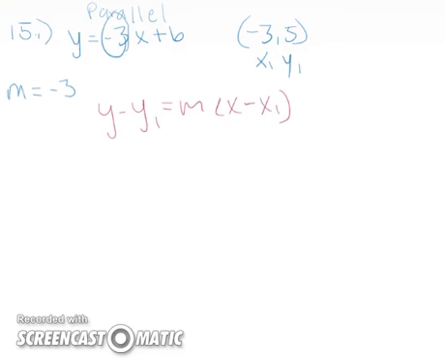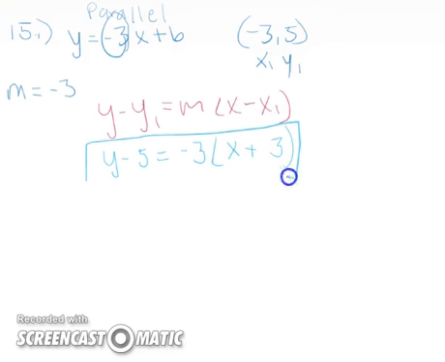I have a point and a slope, so I might as well use point slope form. So that's going to be y minus y1, which is 5, equals our slope, which is negative 3, and x minus x1, which is a negative 3. Now they're both negatives, so I can actually erase this and say, you know what? Two negatives make a what? A positive. And there's my answer.